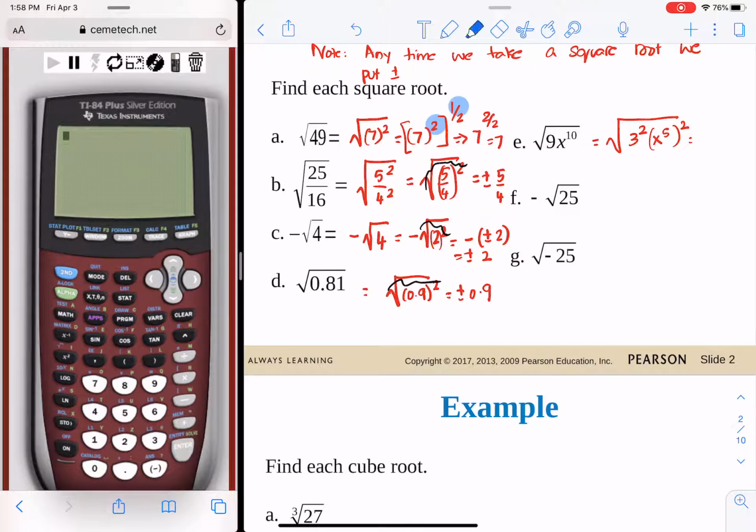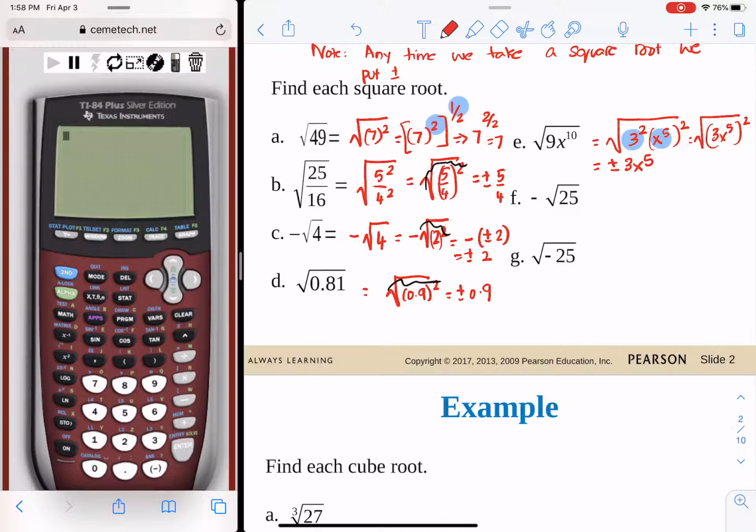Now I could combine those two terms, because even though they have different bases, the power is still 2, so we can combine it as 3x raised to 5 squared. The root and the square would go away, so we would have plus or minus 3x raised to 5.